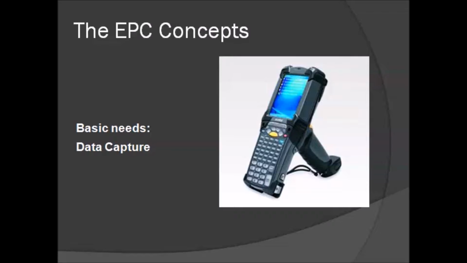Second, we need to capture or obtain the data from the trade item. In the supply chain, the identification of each trade item and other information physically attached to the item should be captured in the IT system. Especially, we hope the data capture can be done automatically, so we can reduce the manual operation.